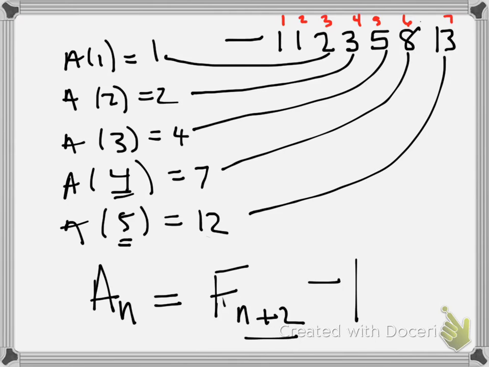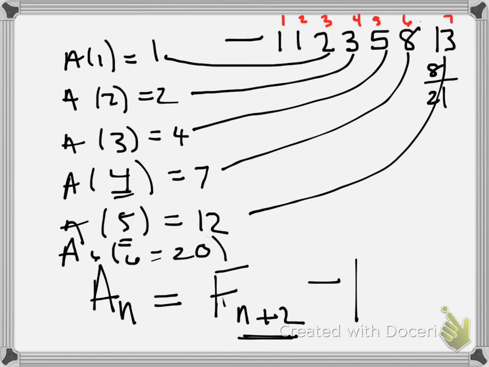So this is just a label telling me where I'm at in the Fibonacci sequence. So if I take the n plus 2 Fibonacci number minus 1, I should get the number from our sequence. So let's check it. In your book, it gives us A sub 6 is 20. Well, 8 plus 13, so the 8th Fibonacci number is 21.